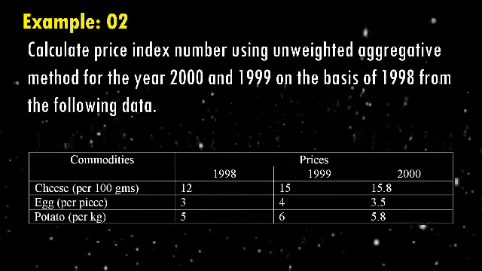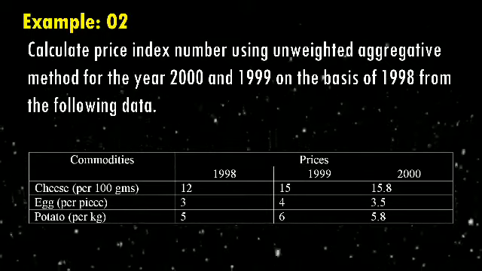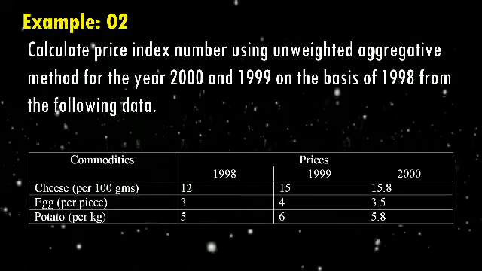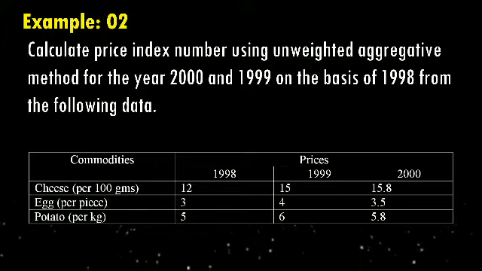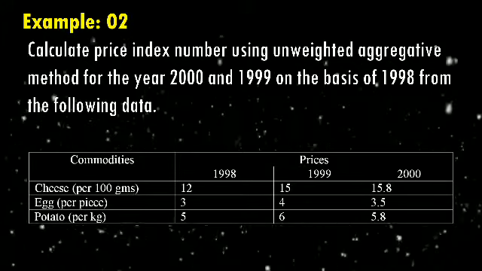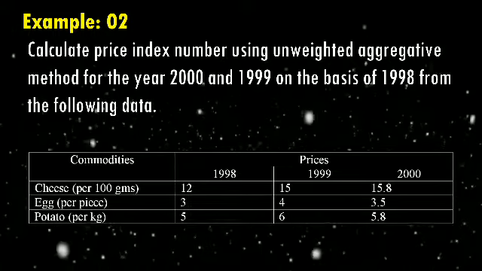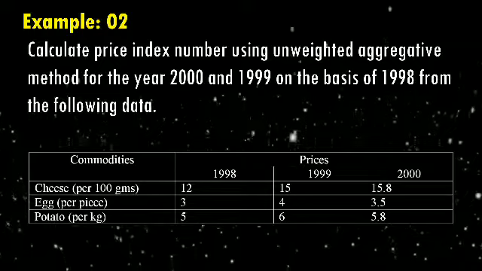Here you should find two index numbers, one for the year 1999, one for the year 2000 on the basis of 1998, which means 1998 will be the base year. That is, when the comparison is made between the year 1998 and 1999, 98 will be the base year and 99 will be your current year.